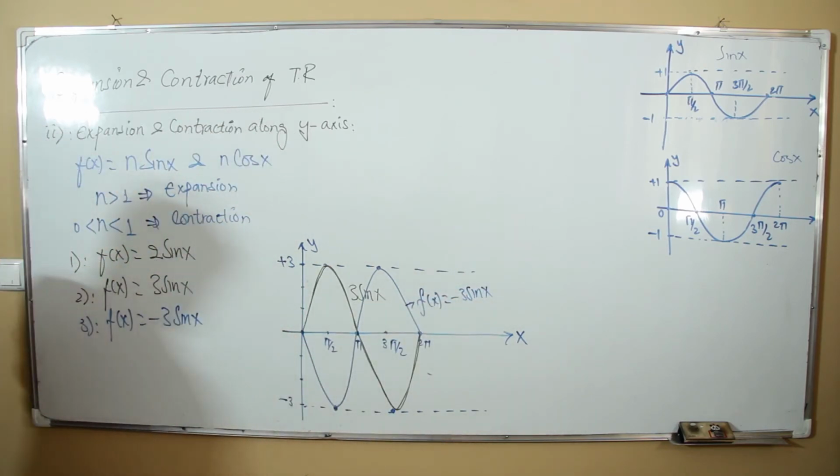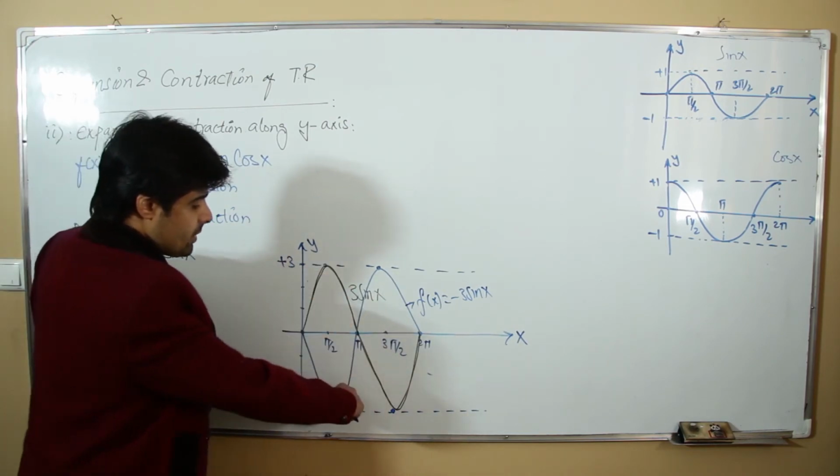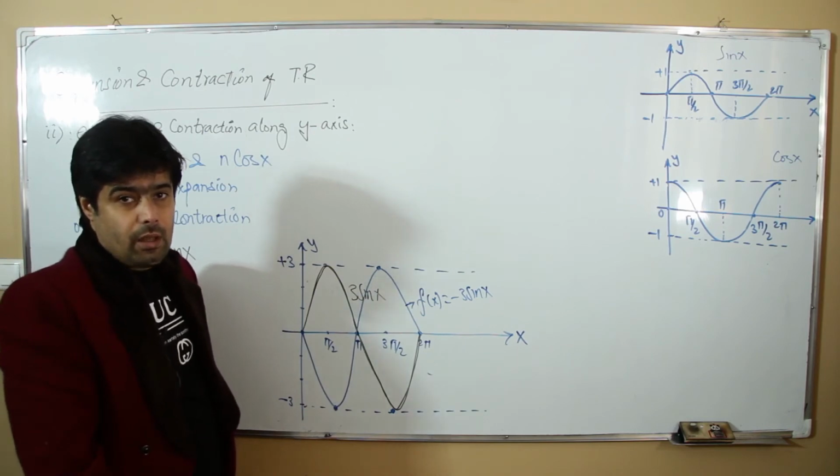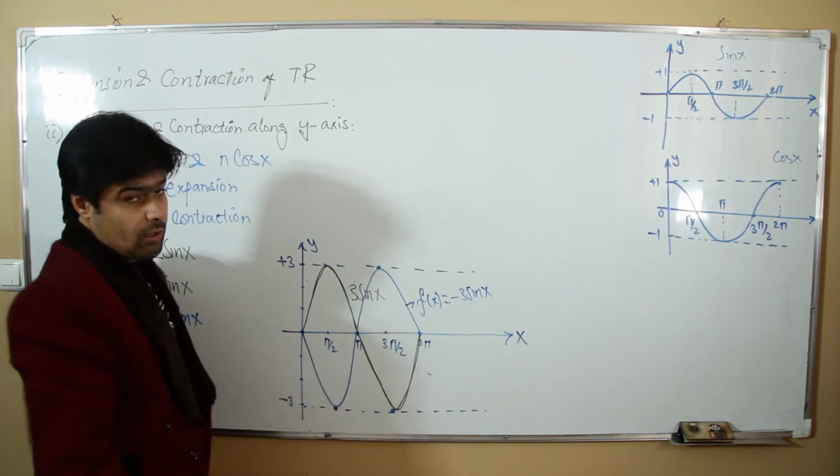I think you have got it. It means the same 3 sin x, it should be inversed along the x-axis. Am I right? It is also extension or expansion of the graph.